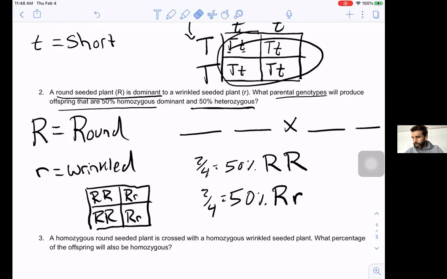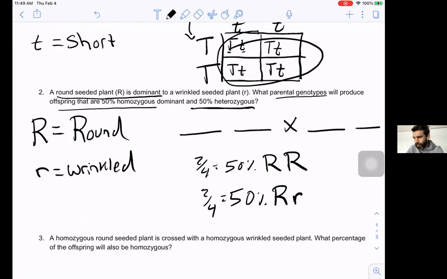Well, we know from above that something like this is going to get us all hets. So that's not going to work, right? All hets is not going to work. Homozygous dominant crossed with homozygous recessive, that's not going to work.